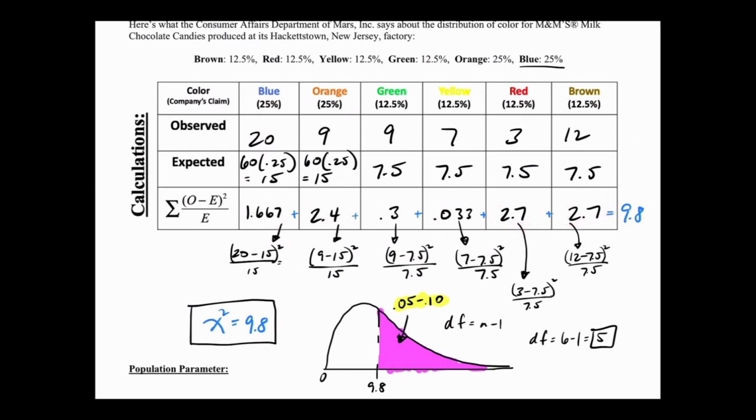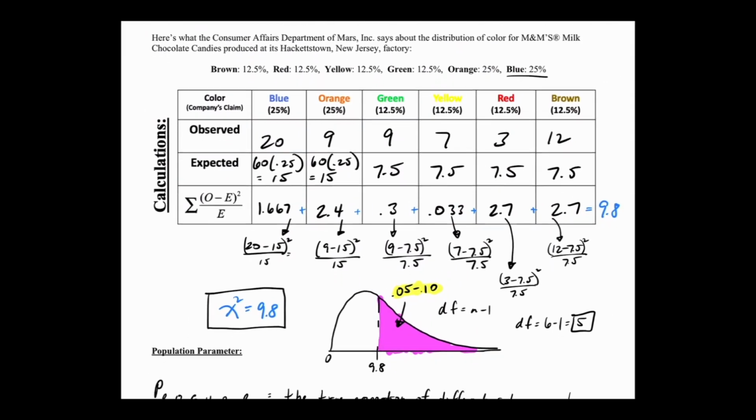Those two had the biggest influence on 9.8, right? The reason it had the biggest influence is because if you look at their observed versus the expected, there's the biggest difference between those two guys, right? The smallest chi-square statistic was yellow because that one was the closest. The observed was the closest to expected. So that's another question they might ask. Okay.